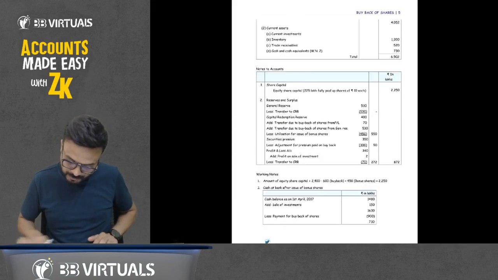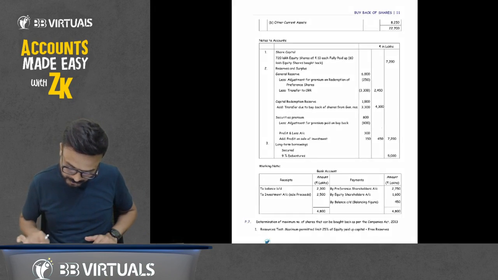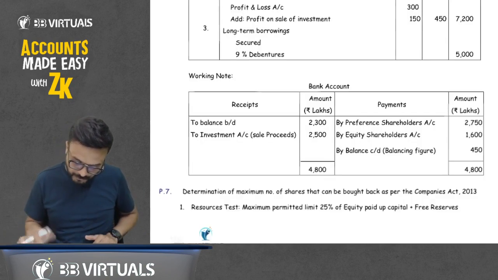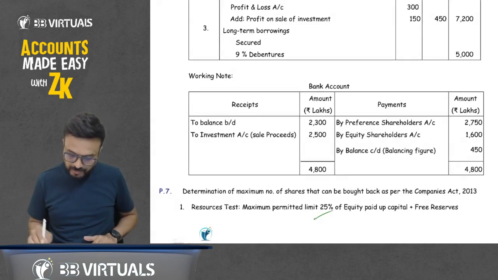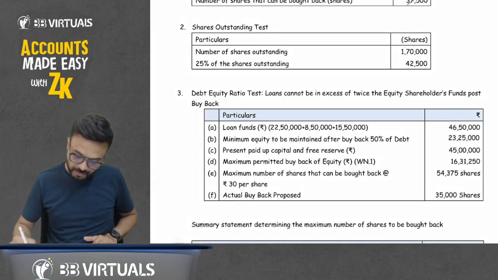You can see question number 7 here, practice question number 7 solution. Yes, so first the resource test of 25%, then 25% of paid up capital and free reserves. Then here the number of shares.